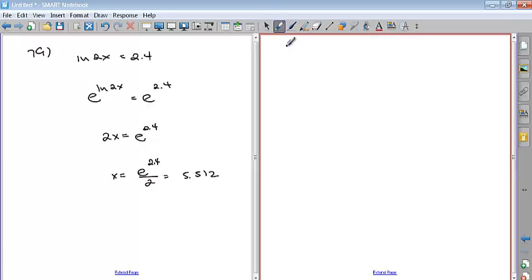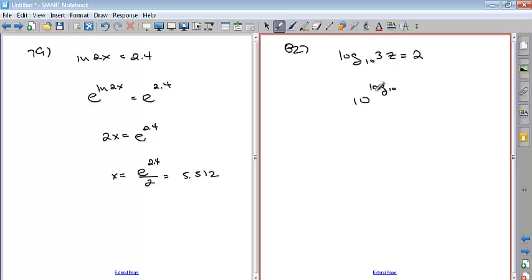Okay, 82. Here we have log to the base 10 of 3z is equal to 2. Well, here we could use e as the base because we had e in the natural log, which is to the base e. Here we have to use whatever the base is with the logarithm.